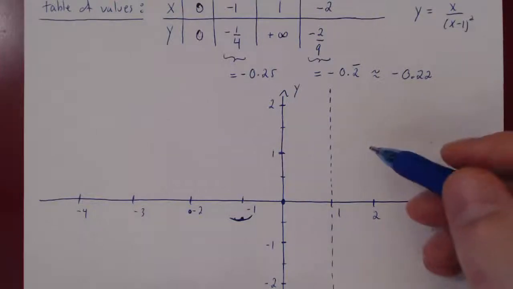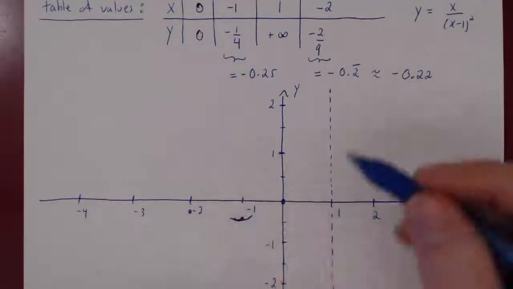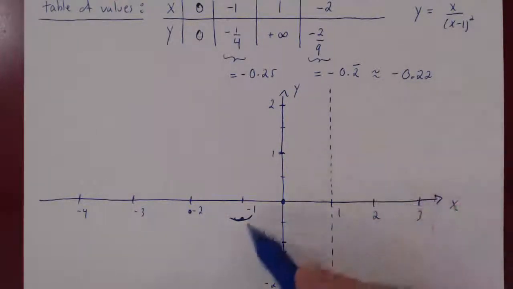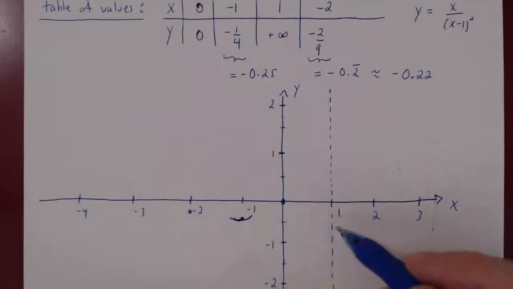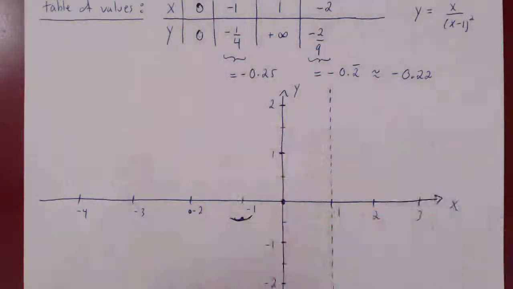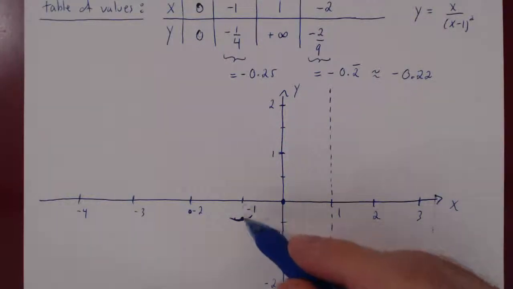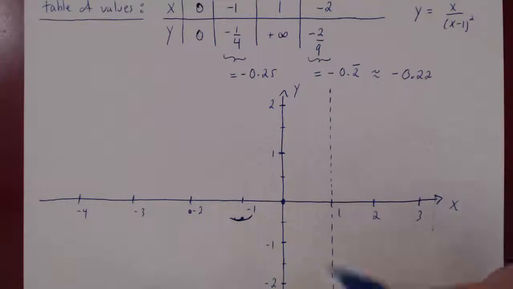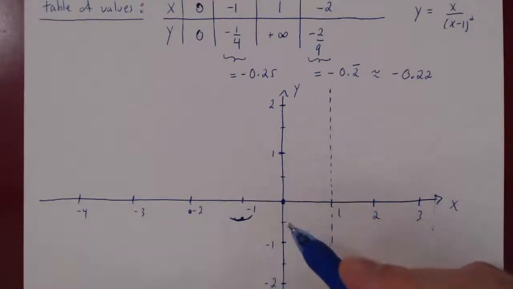Now, this was the only critical point other than the vertical asymptote. So let's see what's happening now. From -1 to 1, this is simply a 0. There's nothing special at that point. So from -1 to 1, there are no critical or inflection points.